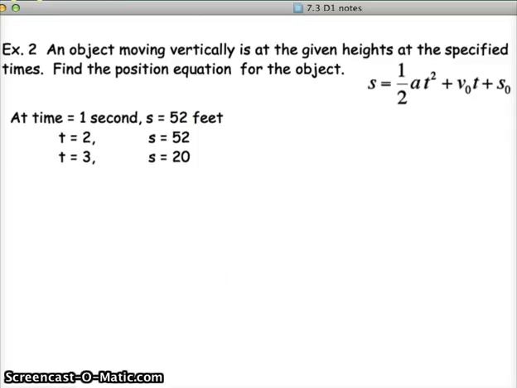But the main thing you need to do is just plug this information in. So we're going to get a series of equations. If I plug in 1 for t and 52 in for s, so 52 goes in for s, and we're going to plug in a 1 in for t.